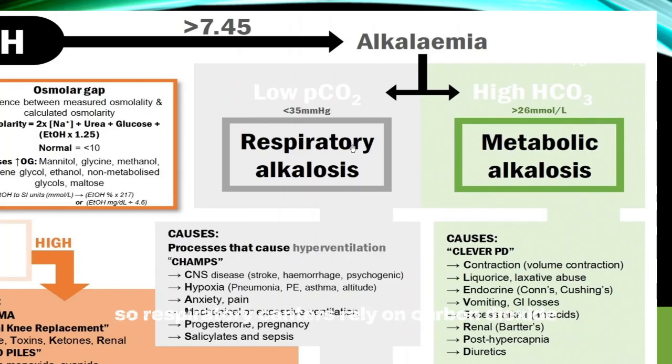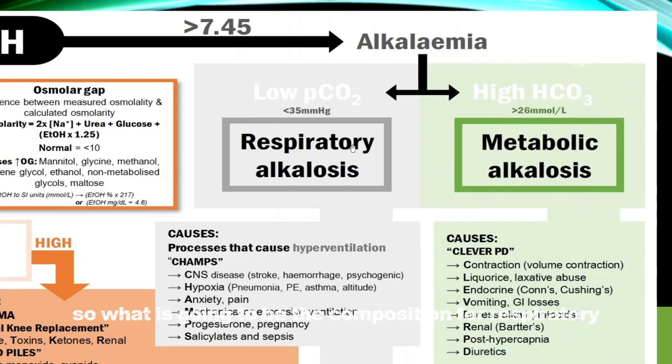So things that can cause that: CNS diseases like stroke, hemorrhage, hypoxia, pneumonia, pulmonary embolism, asthma, anxiety, pain. Anything that can increase respiratory rate can cause respiratory alkalosis, because you are going to exhale too much carbon dioxide, leaving you with the bases. In short, it's the opposite.